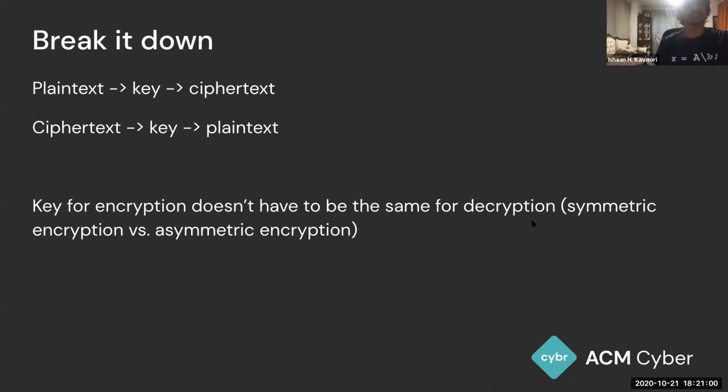Okay, so let's break this down and talk about encoding things in general. To encode something, you're going to need a key. You apply the key to the plain text or the message, and you get out the ciphertext. Now, to get the plain text back, you have to apply a key, which is not necessarily the same key, which I'll talk about later, to the ciphertext and get the plain text back out.